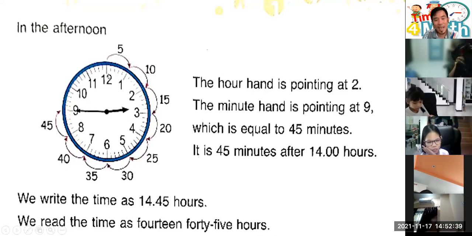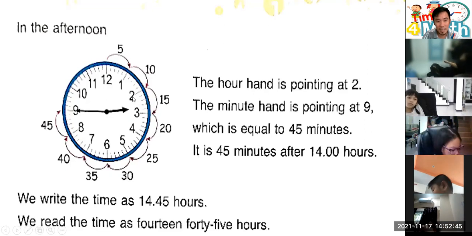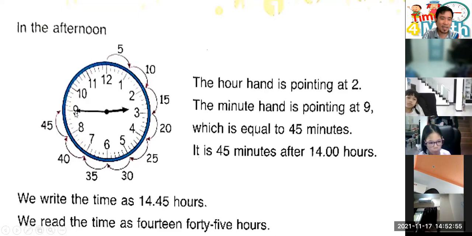It's already afternoon. So 12, next is 13, next to 13 is 14. So we have here 1400 hours. And the minute hand is pointing to number 9, which is equal to 45.